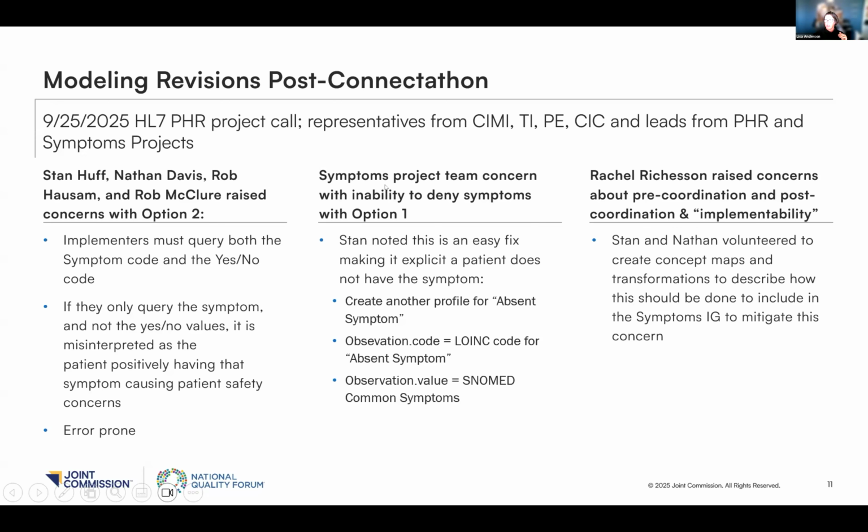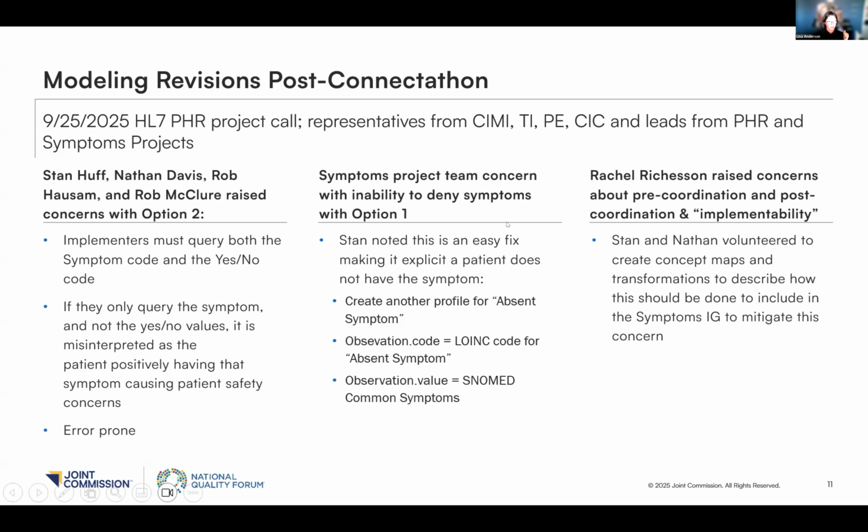And so they wanted us to use that approach where you have symptom as the code and then SNOMED as the value set. And we're like, okay, well, that's great. But how do we then note that if a patient denies a symptom? Like if you're asking them, okay, you've been having dizziness, are you also having chest pain? And they say, no, how do you do that? And they said, oh, that's easy.